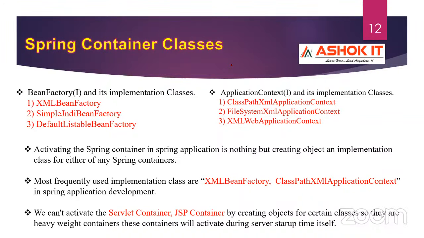Based on your requirement, whether you want to activate a Bean Factory container or an application context container, you can activate it by creating an object of these implementation classes, guys. The most frequently used implementation classes in Spring application development are XmlBeanFactory and ClassPathXmlApplicationContext.